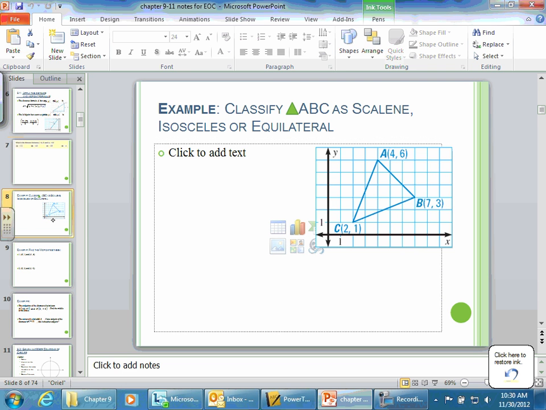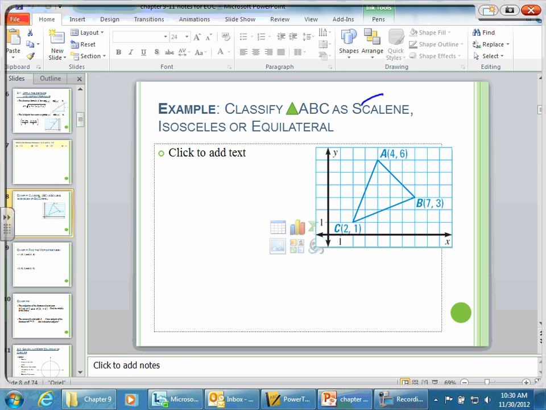All right, so we're going to classify triangles as scalene, isosceles, or equilateral. And you have to remember, scalene means no equal sides. Isosceles means 2 equal sides. And equilateral means 3 equal sides. So how do we know what the sides are? Well, let's look.